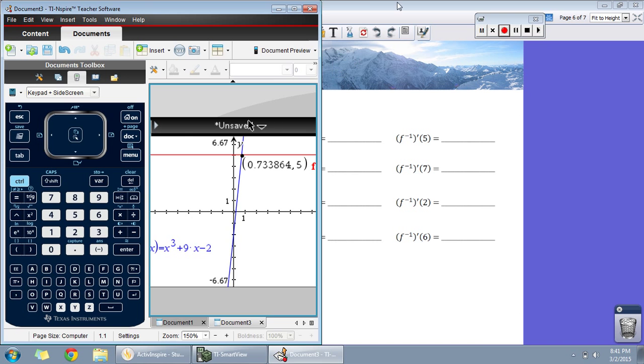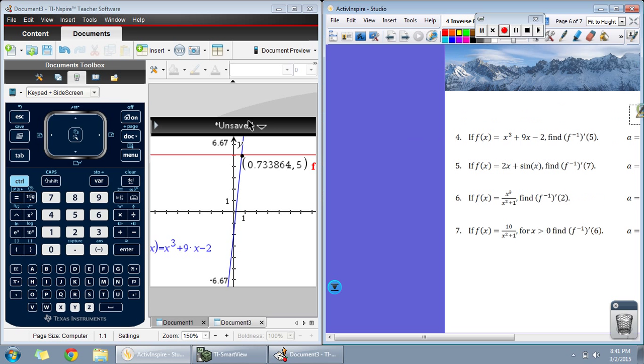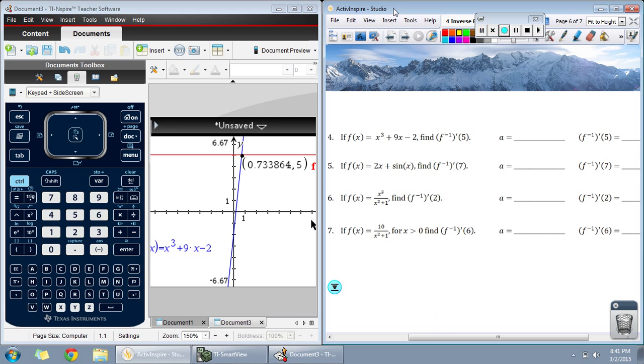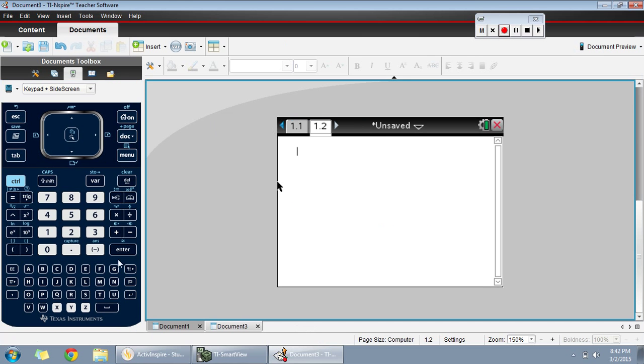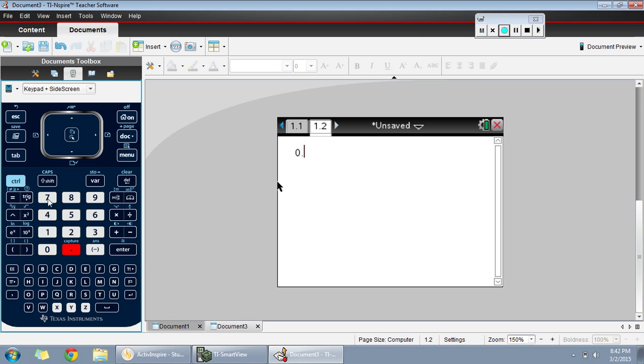So over here, we are going to say that the x value is 0.733864. To find the derivative, we can go to our calculator screen and we're going to type in 0.733864 and store that value as x.